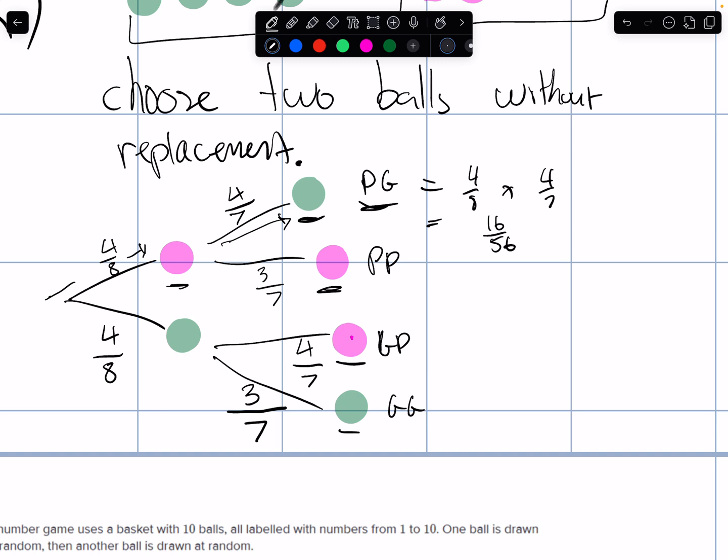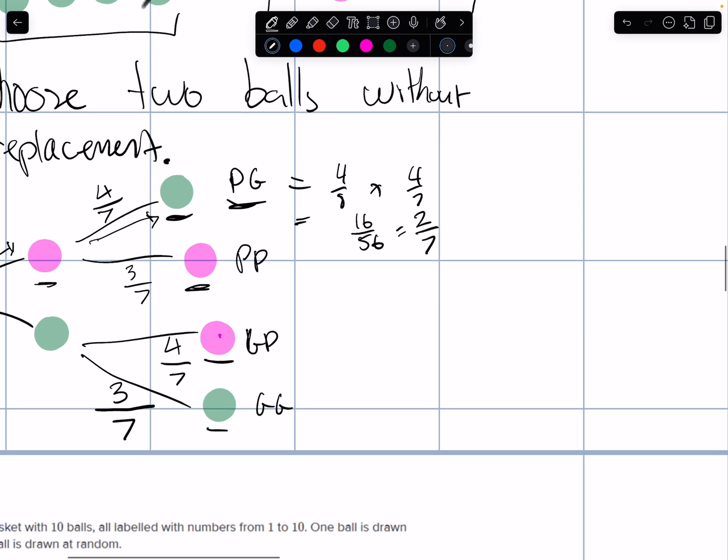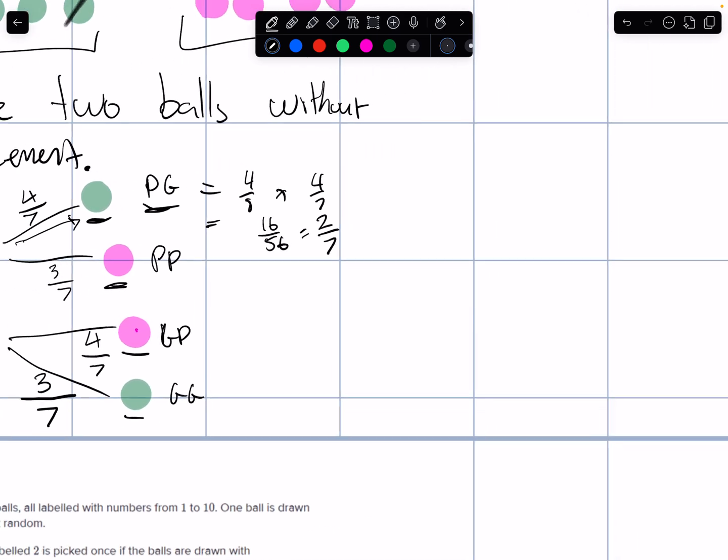But it would simplify down because they're both even, and so then you could get it into 8 over 28. And I think you go again, so 4 over 14, and then again into 2 over 7. And that's where I would finish. Anyway, so here, let's try that in our formula, right?